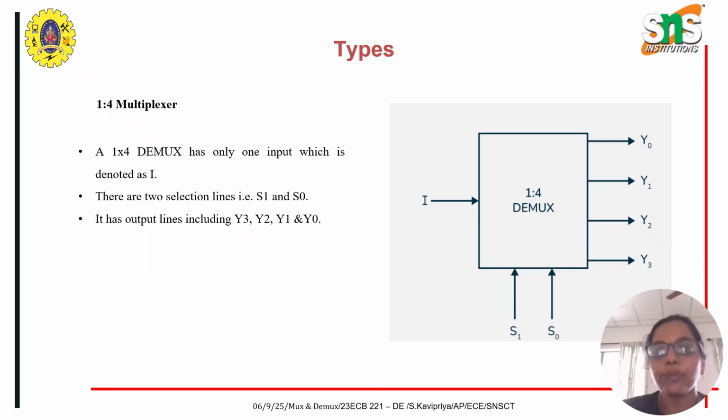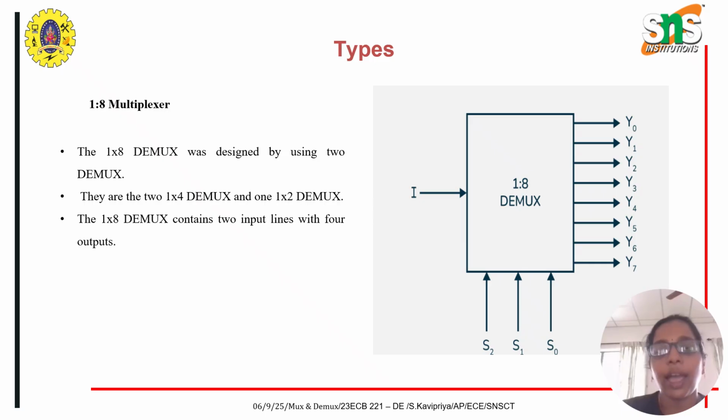And next is the types of demultiplexer. The first one is a 1:4 demultiplexer. We have a single input, 4 output lines and 2 selection lines. The selection lines decide through which output line the input has to be transmitted. And next is a 1:8 demultiplexer. A single input, which is the default, and the output lines here are 8.